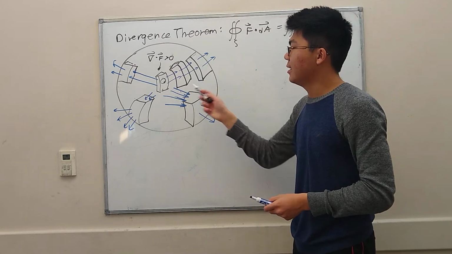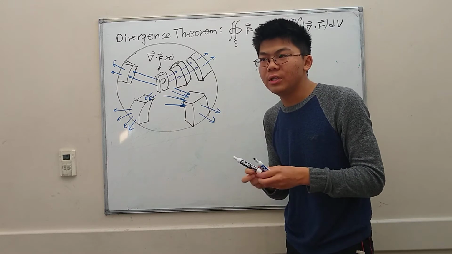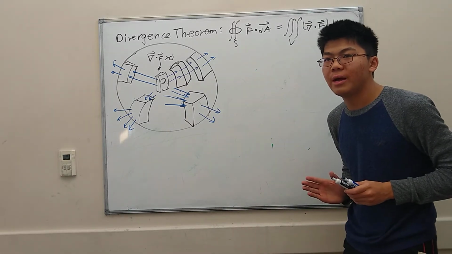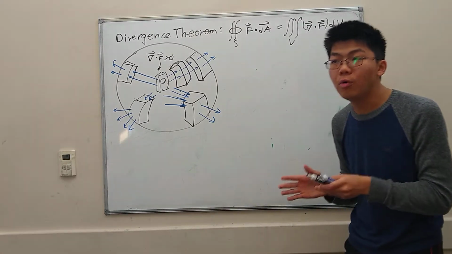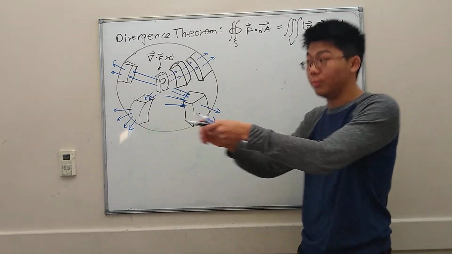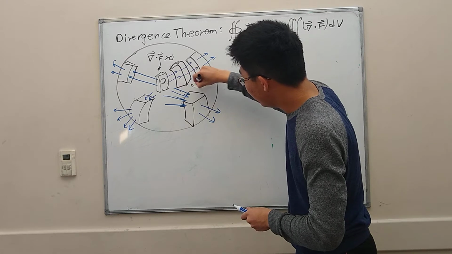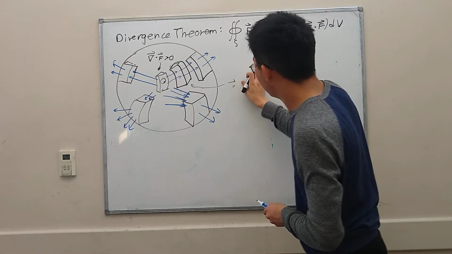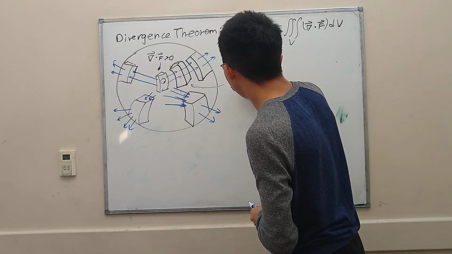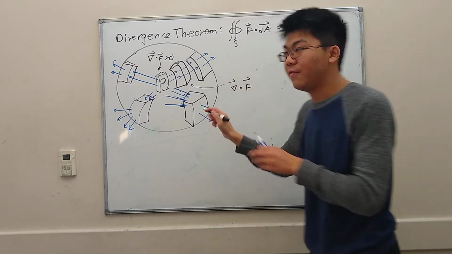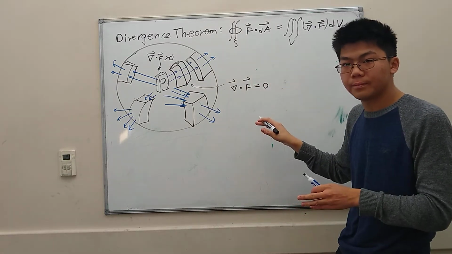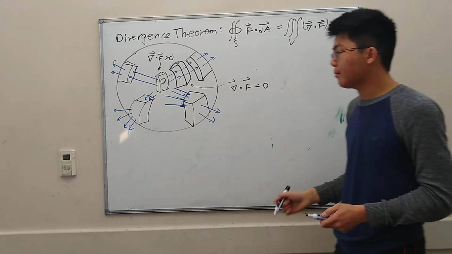In this case, there is an equal number of arrows going in and going out. So there's an equal amount of flow going in and an equal amount of flow going out of the cube. So for this cube, I will say that the divergence of the field at this cube is 0. So good so far?